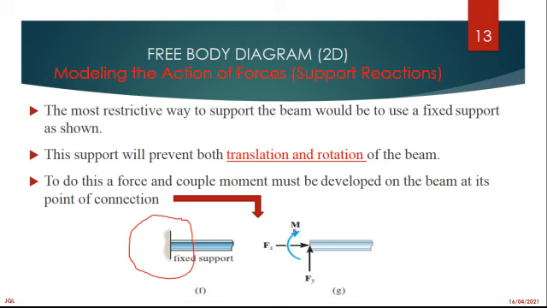So whenever a member is supported by a fixed support, you always consider there is a moment, there is a component in the X and in the Y that is from the force. Take note of that. Wherever there is a fixed support, you always need to consider there is a moment, a force component in the X, and a force component in the Y axis.